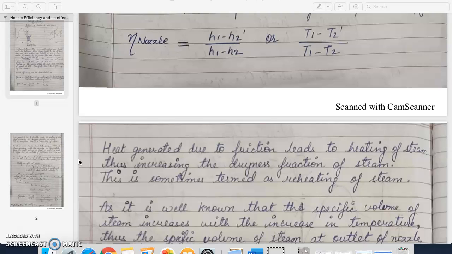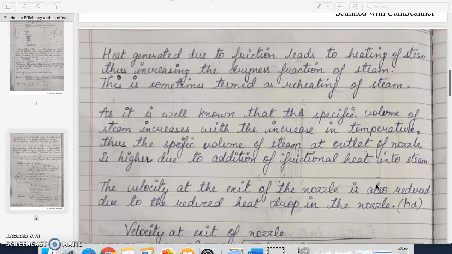As I have already discussed, friction leads to heating, and hence the steam flowing inside the nozzle gets heated, or it may be called reheated due to the heat obtained from the friction, and hence its dryness fraction increases. Fine. So this is sometimes also termed as reheating of steam.